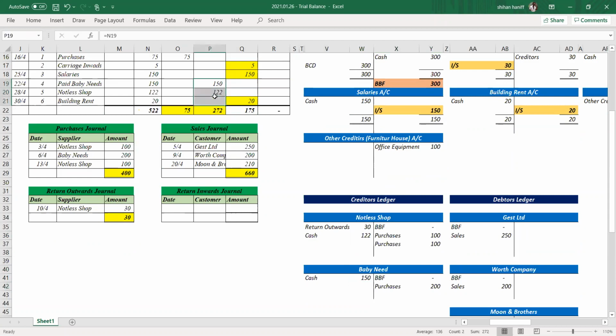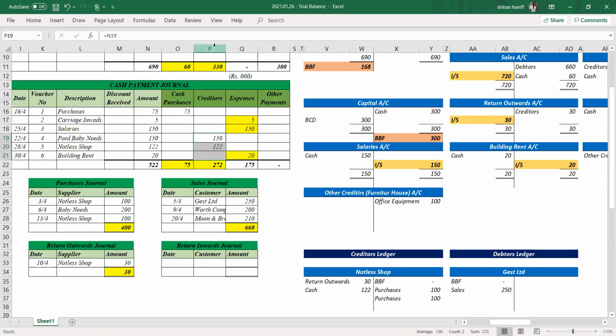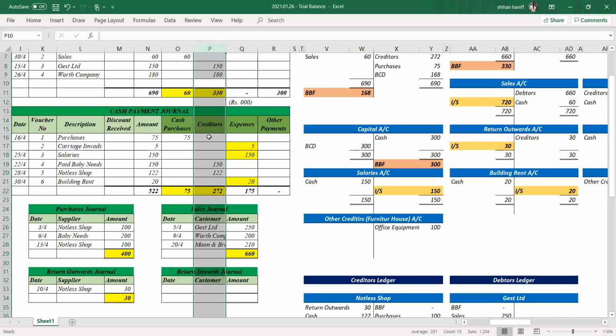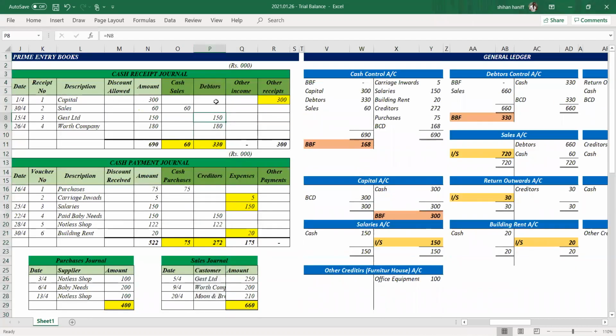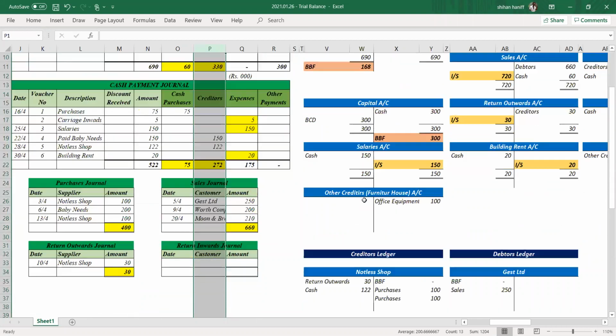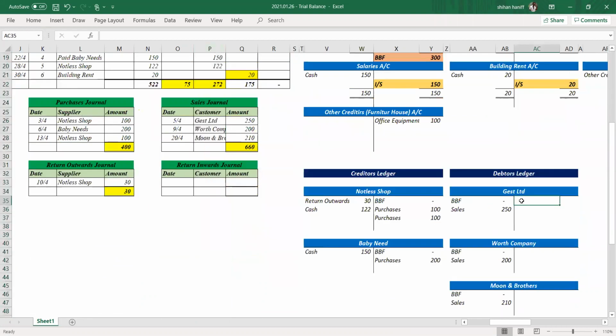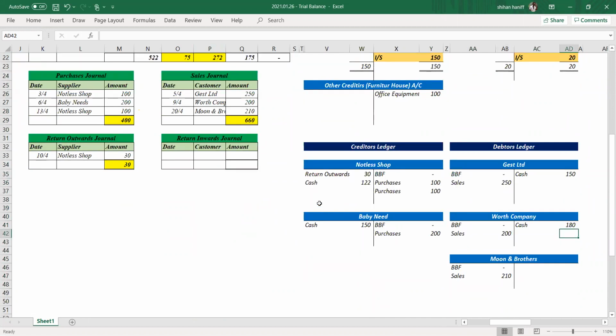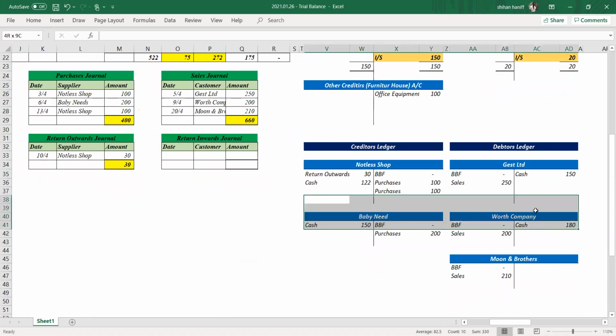These two transactions. Creditors and debtors. Guest Limited 150. Work Company 180. That's it. So let's calculate the closing balance.